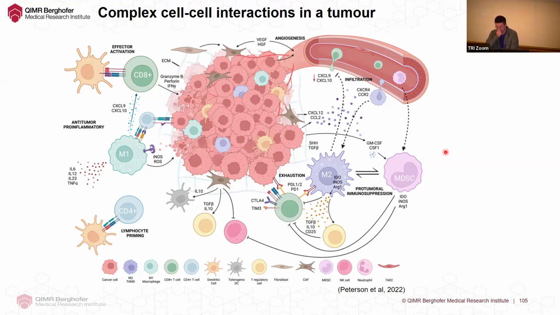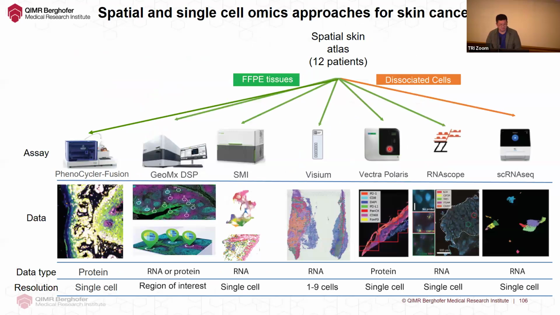So to successfully treat patients and make meaningful discoveries to improve the clinical translation of such a complex disease, we really need to analyze those complex structures and cell communities within the tumor environment. Spatial omics technology is the way that we can access the cell type communities.